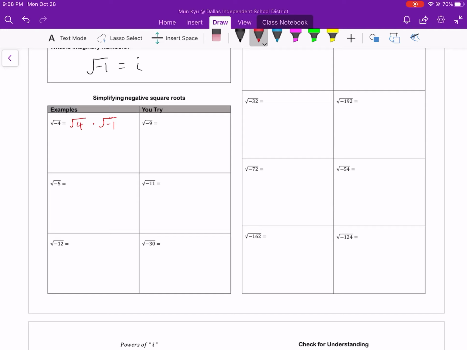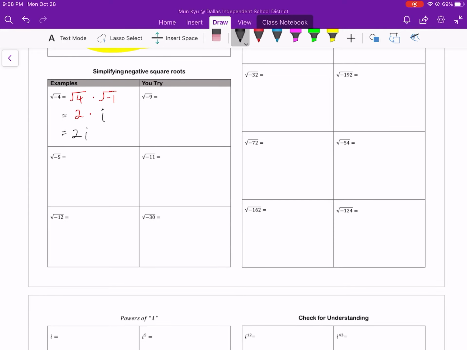Again, the square root of 4 is equal to +2. And here, the square root of -1 is equal to i. So 2 times i is equal to 2i. And this is how we do it.